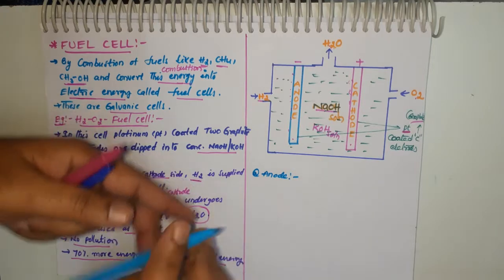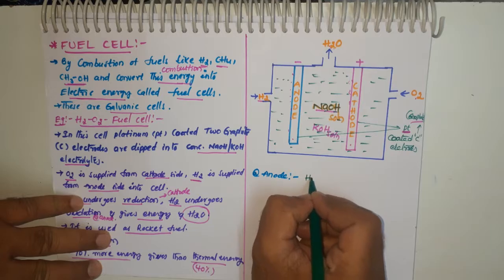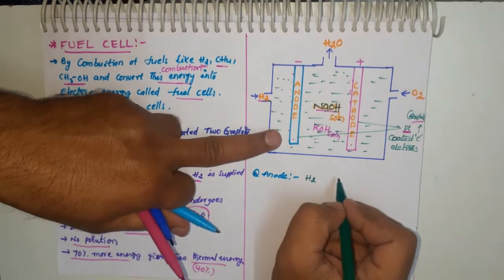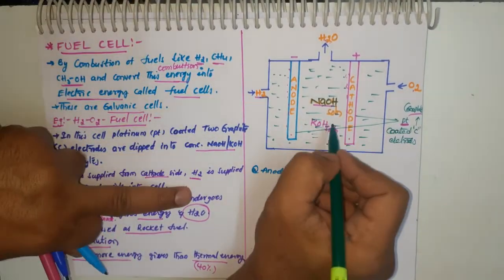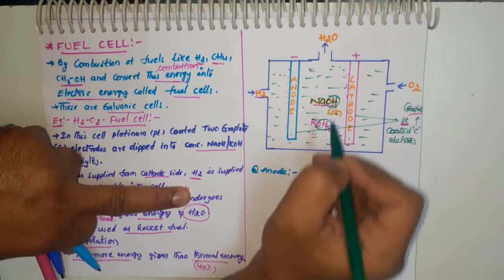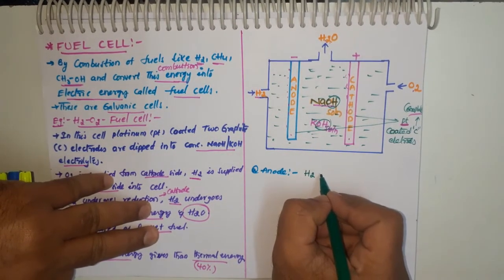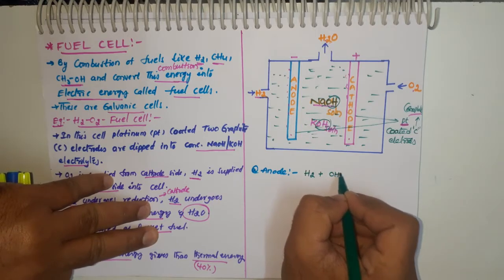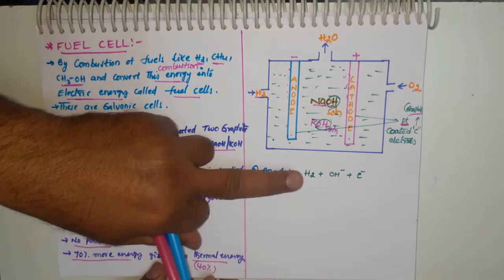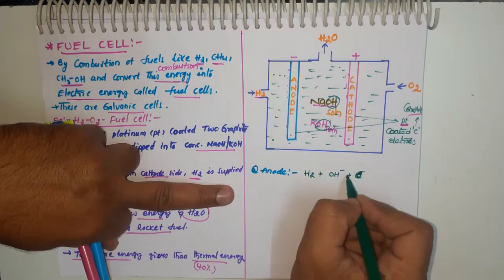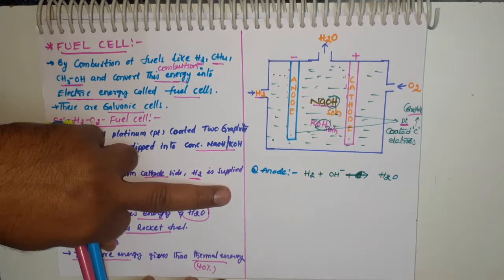This H2 reacts with OH minus ions from the electrolyte NaOH or KOH that we used, and gives H2O and electrons.